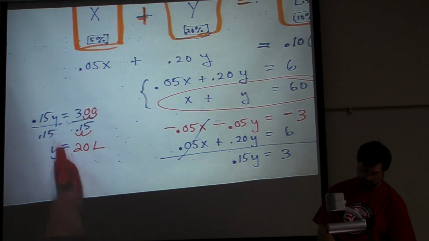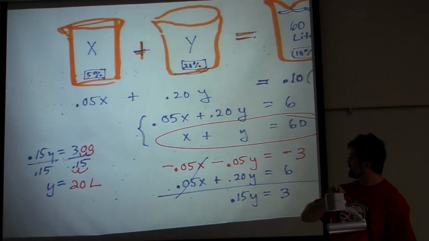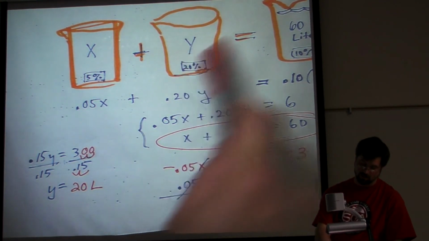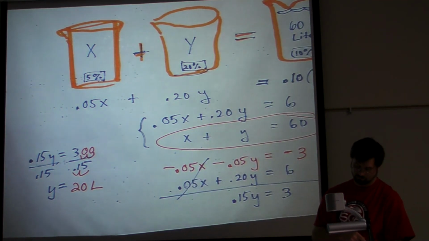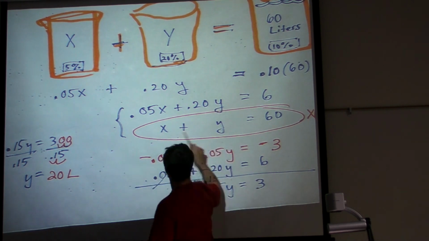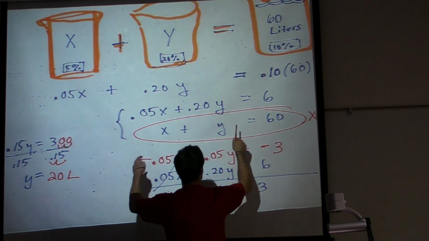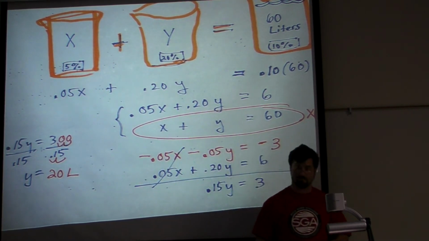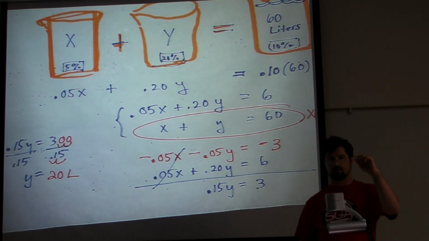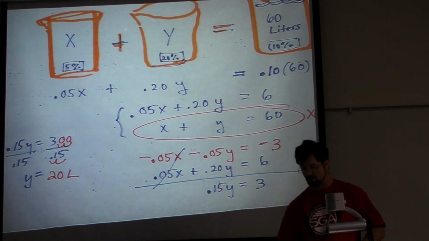Now if I know there's 20 liters in my second vat, then what plus 20 will give me 60? Well, that's 40, right? So you substitute the 20 back into this simple equation here, and you will be done. So that's how you do an acid equation. We'll stop it there, and then we'll do each video separately.